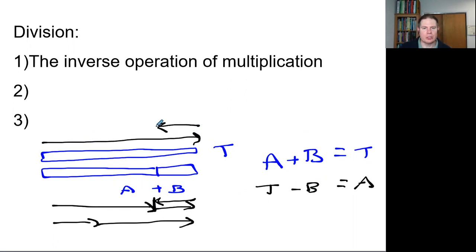I reverse direction and then go B backwards. Where do I end up? I end up at A. I end up where I would have been if I'd started from the beginning and only gone A. That's that reverse definition of subtraction.